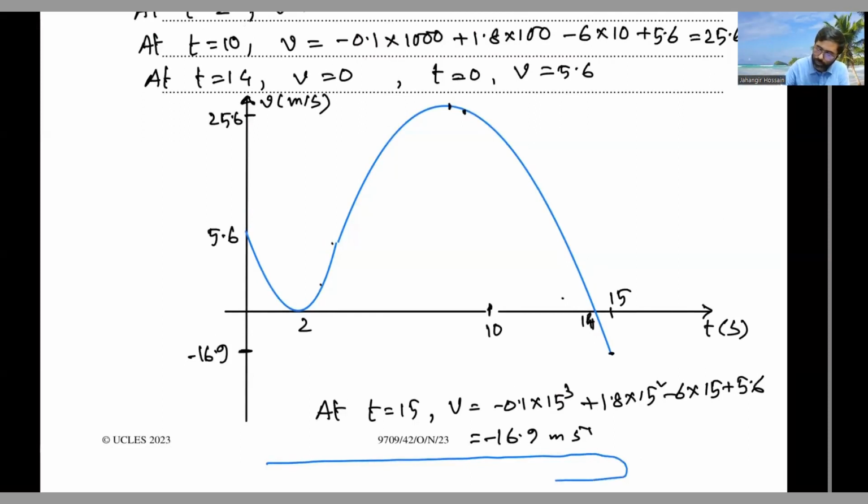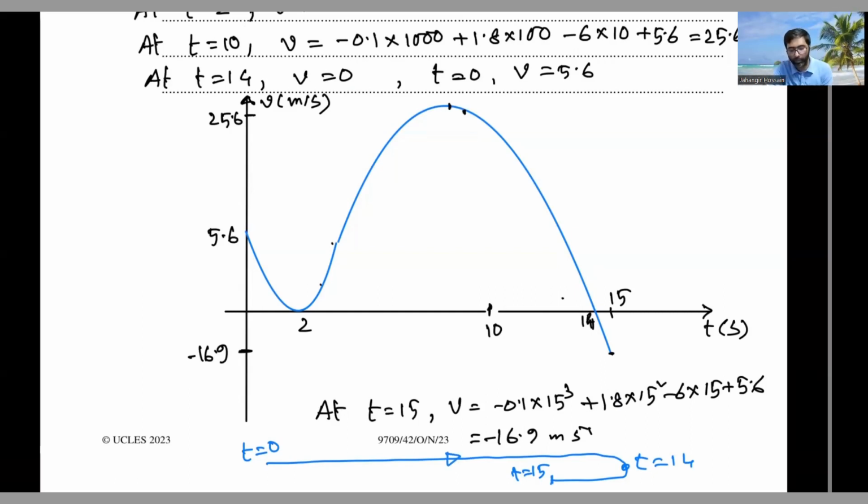At t equal to 14, it changes its direction. So from 0 to 14 it moves forward, and 14 to 15 it moves backward. But since we are calculating the total distance traveled, you have to consider all the path and add it.